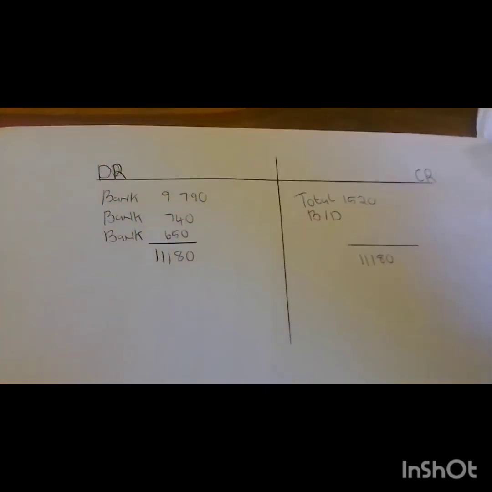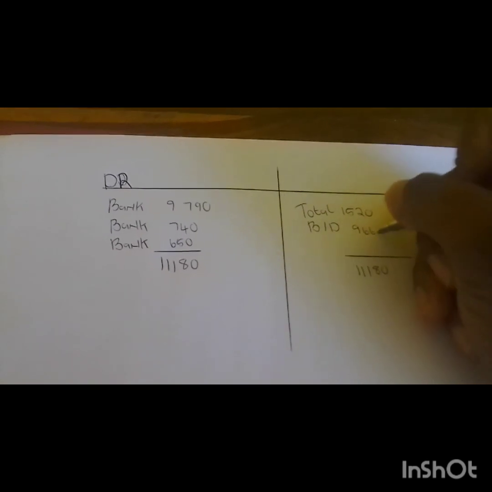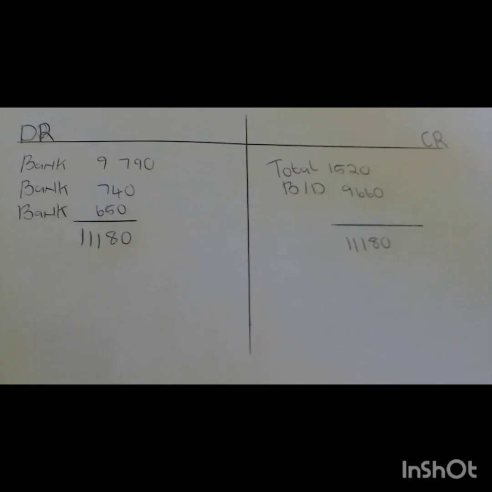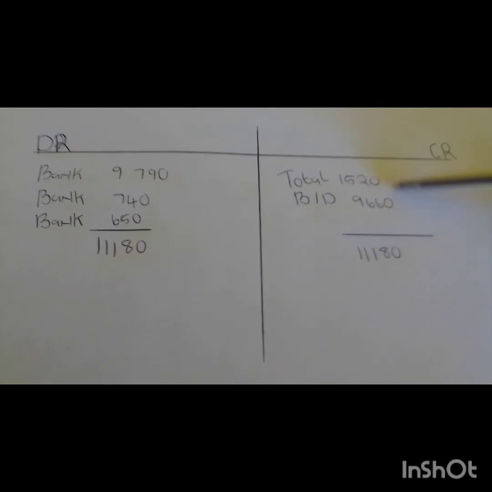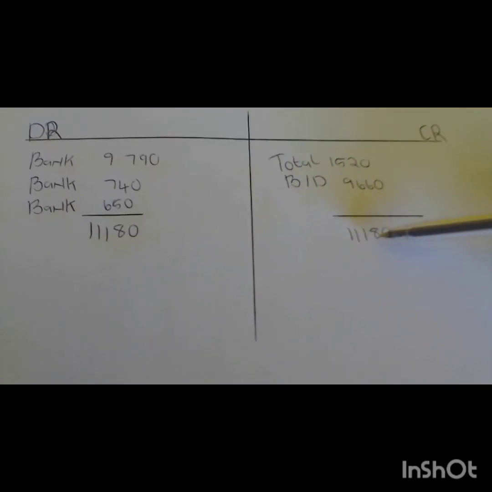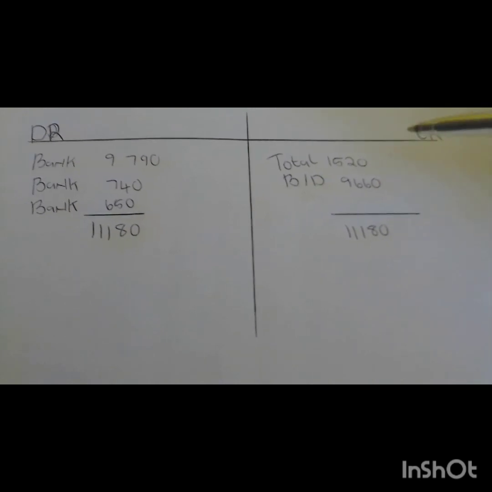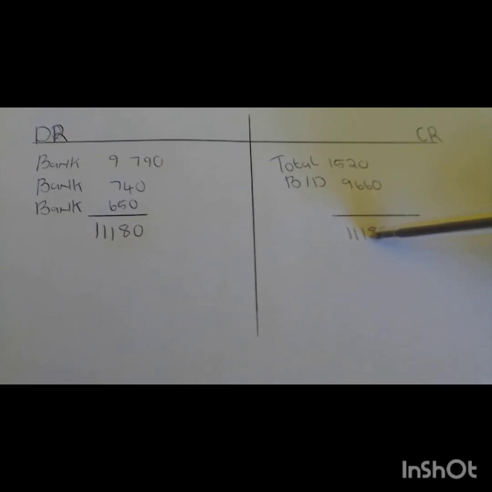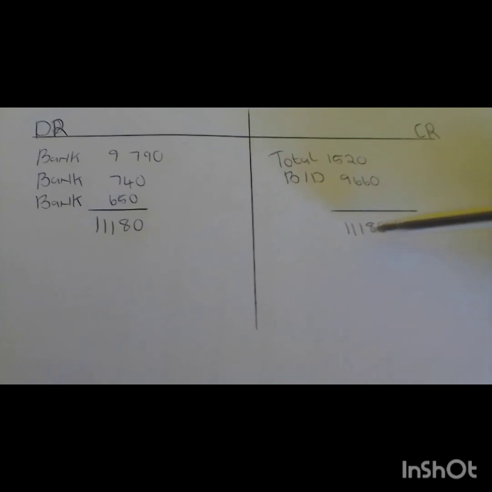You write it here, which is 9660. After doing that, you're going to calculate these 2 to check if they give you this answer. If it doesn't give you this answer, just know that your whole thing is wrong. So you're going to add this and this to check if it gives you this. Okay? It's all about balancing. If it doesn't give you this amount, then it's wrong.